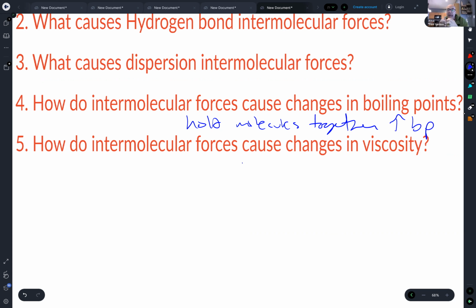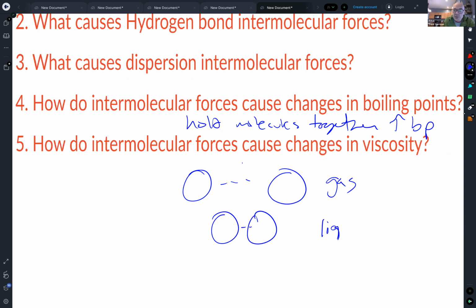Because if these atoms are close together, they don't become gases. So if we have gases, the particles are further apart. But if you have them as liquids, well, the atoms are closer together. The closer they are, the higher the boiling point. Whoops. Yeah, nice boiling point.